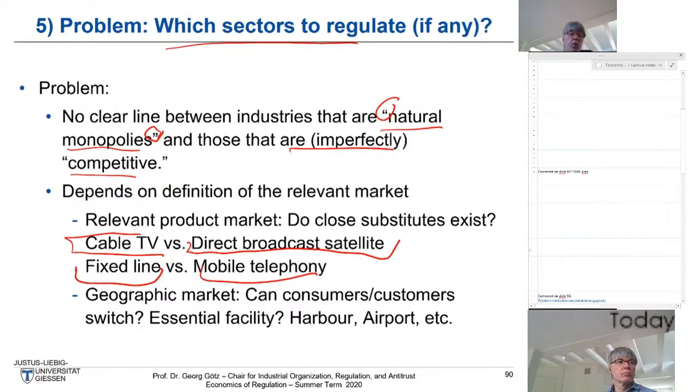Okay, so this is an important question. Do close substitutes exist? In antitrust terms, what do we call it? What is the relevant market? And do we have to regulate a certain industry where not several or many firms are active, but only a few? And here, with respect to this relevant product market or the question of which sectors to regulate, we have the so-called three criteria test in the EU, in particular with respect to the telecom sector.